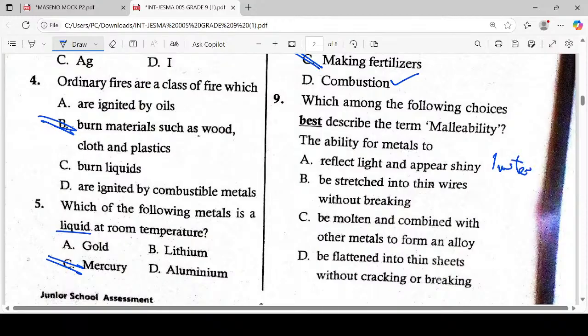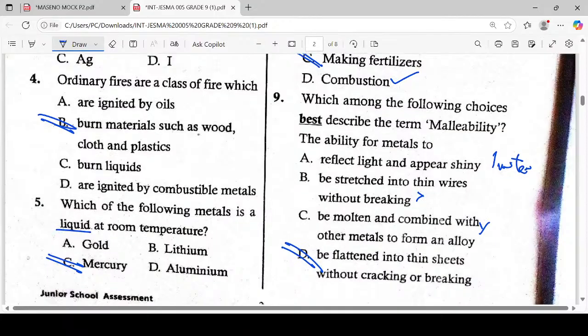Be stretched into thin wires without breaking, no. Be molten and combined with other metals to form an alloy, no. Be flattened into thin sheets without cracking or breaking. The most appropriate answer here is D. That is the correct definition of the term malleability.